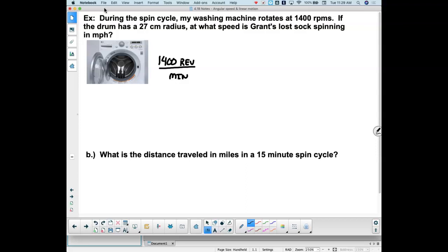What do we want? Miles per hour. Okay, so that means that there's 60 minutes in 1 hour. One revolution is 2 pi radians. 1 radian is 27 centimeters.